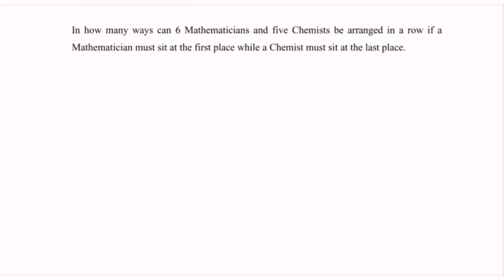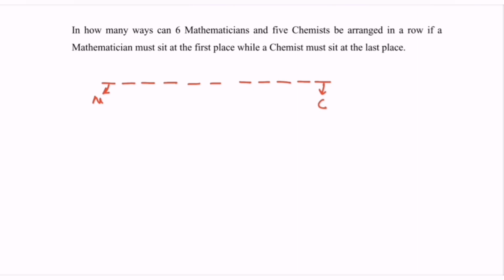Next, we have another situation for permutation and combination. In how many ways can the 6 mathematicians and the 5 chemists be arranged in a row? Here we have the keyword arranged in a row. A mathematician must sit at the first place, while a chemist must sit at the last place.